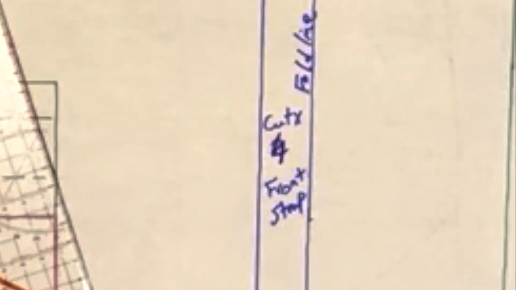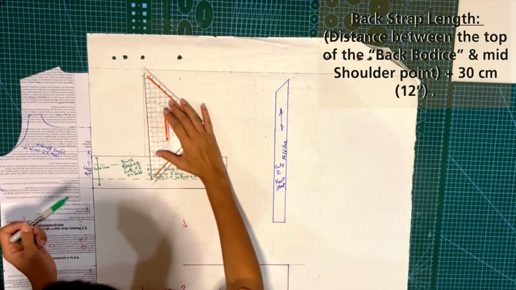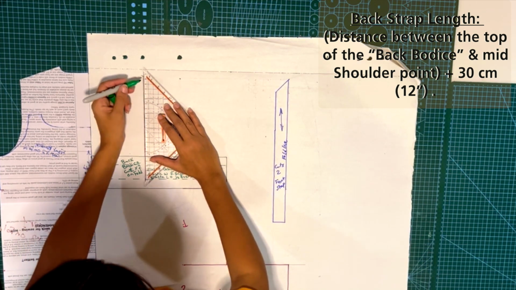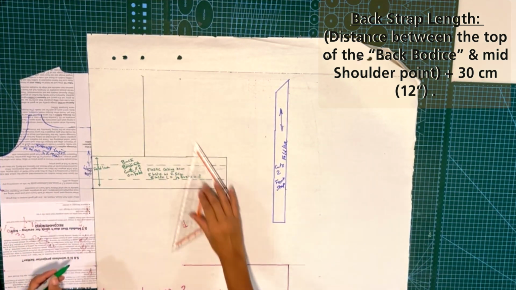And for the back strap, you will measure the length from the top of the back elastic casing up to the shoulder point and add as well 30 centimeters.